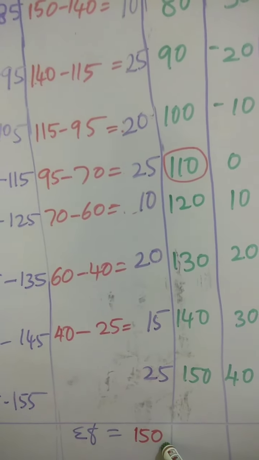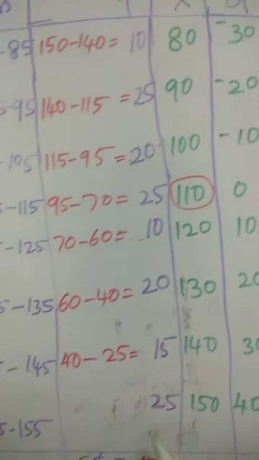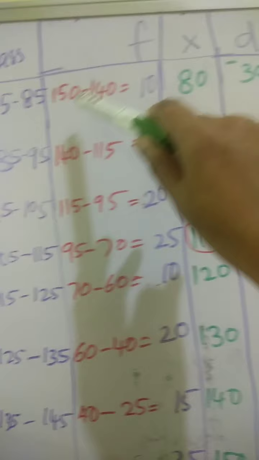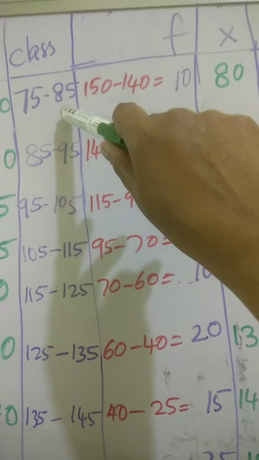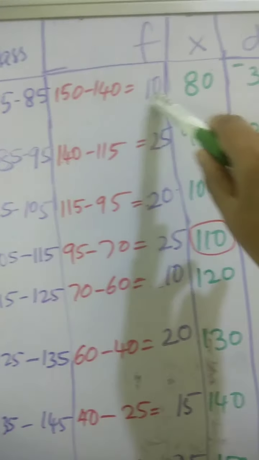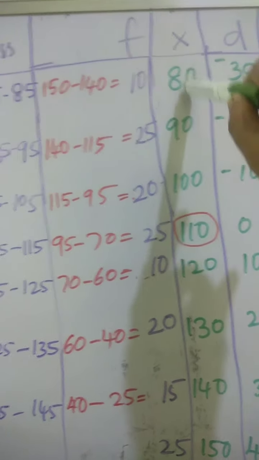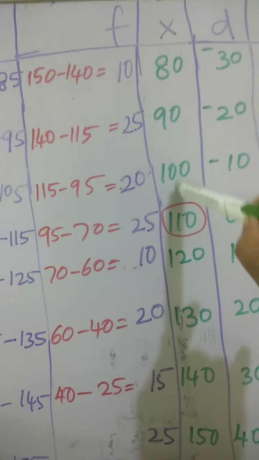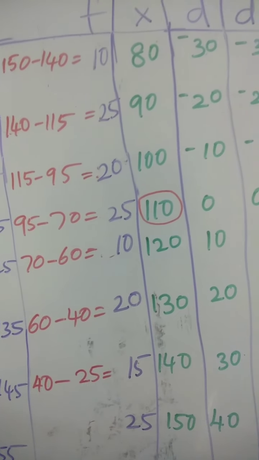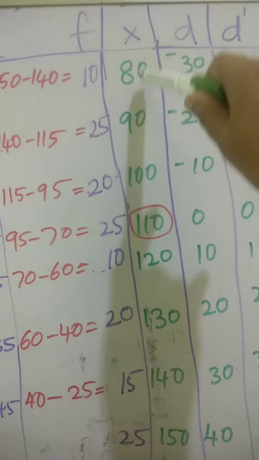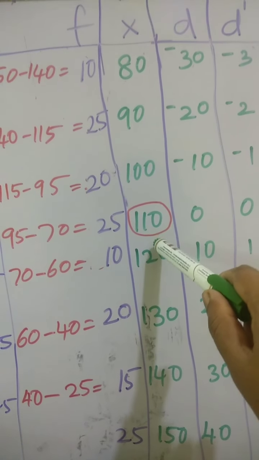Okay. We are doing the step deviation method. Now, from the continuous class, we have to find out x. X means the mid value. So mid values are 80, 90, 100, 110, and so on. From the x, we have to find out an assumed mean.